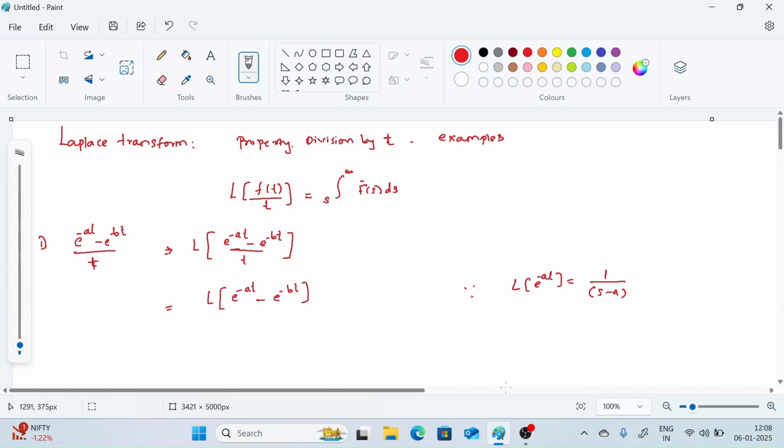If it is minus at, then we change it to 1 upon s plus a. Applying this Laplace formula, we will get Laplace of e raised to minus at minus Laplace of e raised to minus bt.